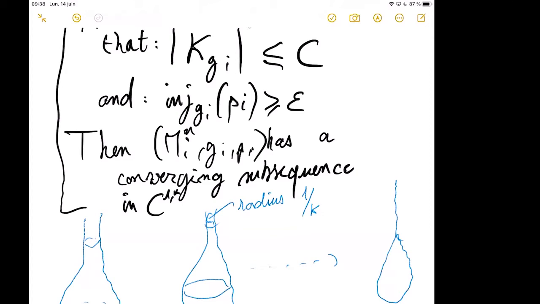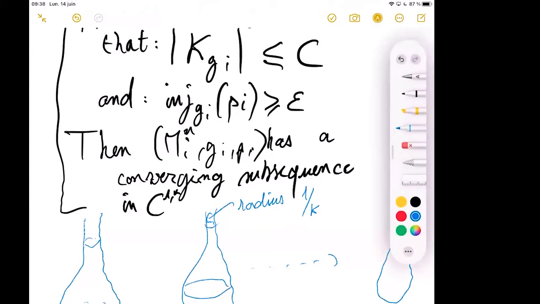Okay, so we have like 18 votes so far. Thank you for your participation. Most of the answers point out that the injectivity radius is going wrong, which is actually true if you're here, the injectivity radius goes to 0.